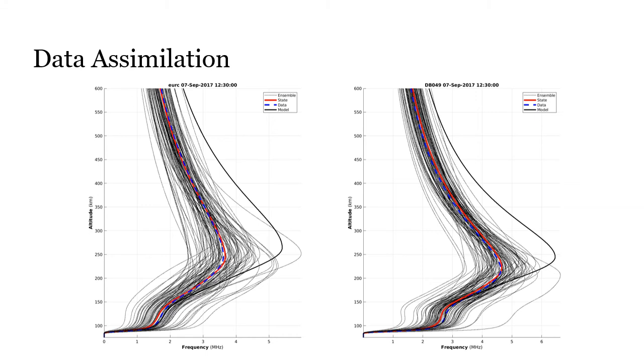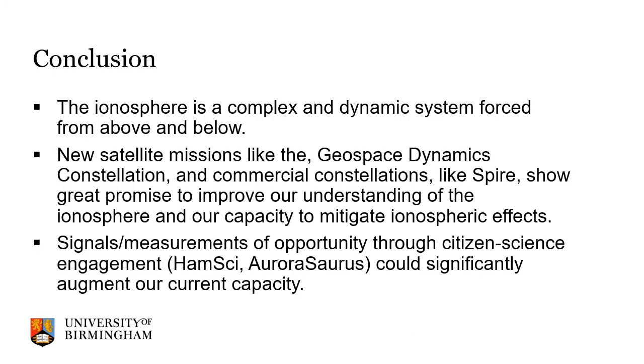The red is the electron density profile that we get from my model after assimilating in GPS and satellite in situ measurements. And you can see that satellite data can considerably improve the performance of this empirical model.